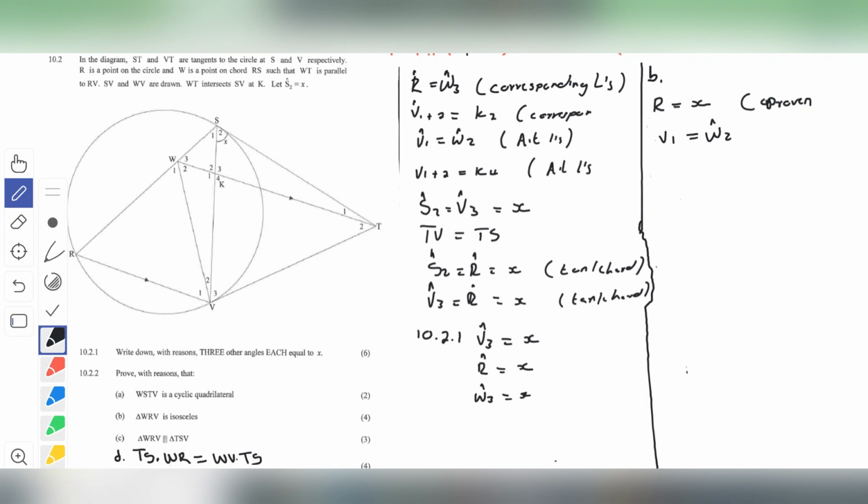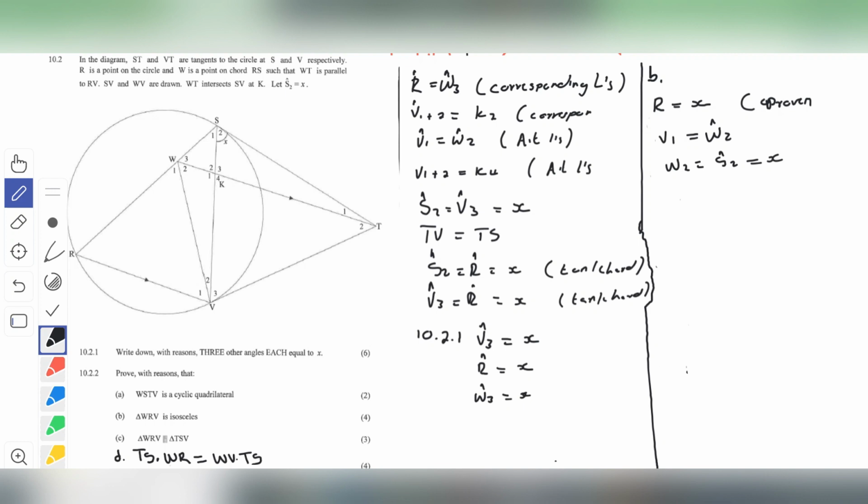And we know that W2 is equal to, what? W2 is equal to S2, which are both equal to X. Remember, like I said, guys, from our question A, we proved that WSTV is a cyclic quad. I forgot to mention this.